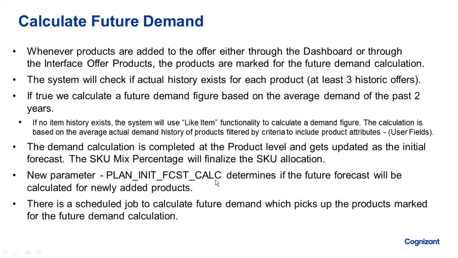So if you turn this to true, the system will go through and look for those items that are added and calculate that future forecast. There is a scheduled job that's run that'll calculate the demand that will be able to pick up those products. So a lot of what we've been showing you these past few enhancements is to automate the forecasting basically by a set of rules.